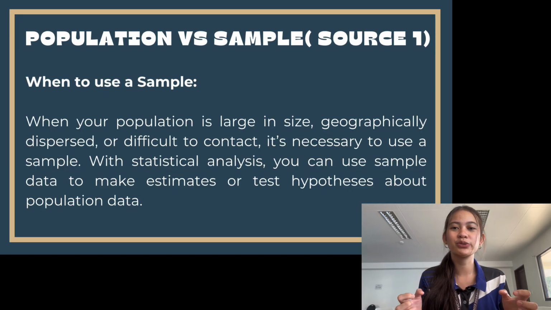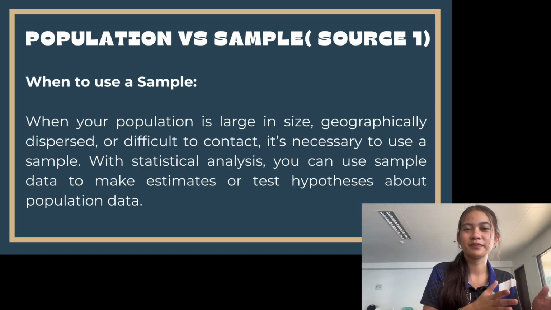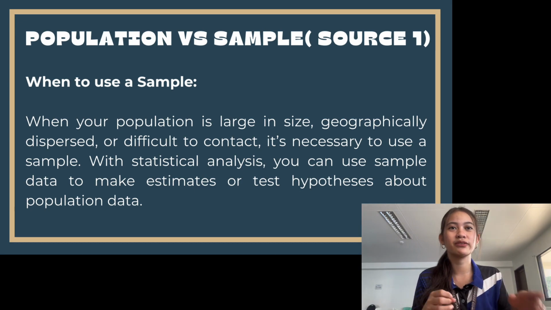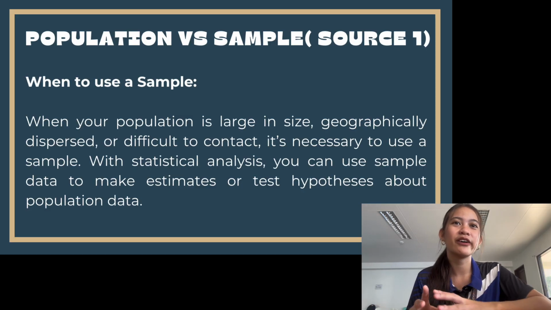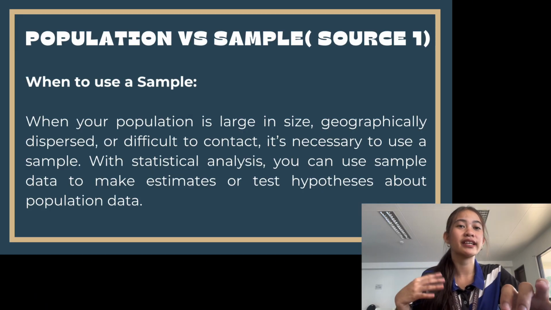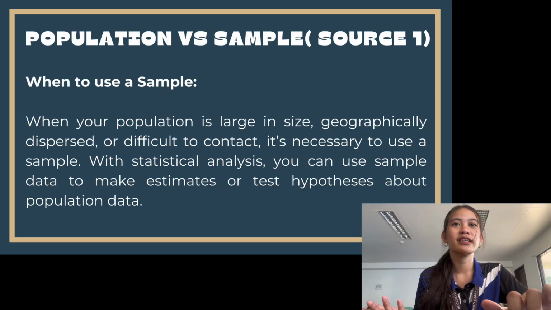So in order to contact those respondents quickly, or it is time consuming, I guess, you have to use a sample because it is easier, more accessible and cooperative, and of course small.